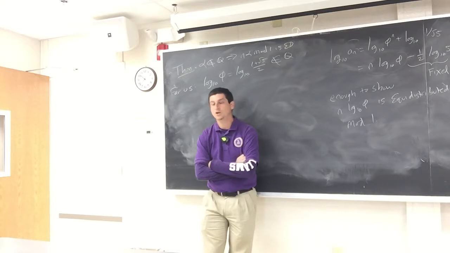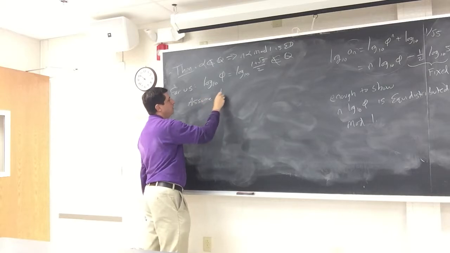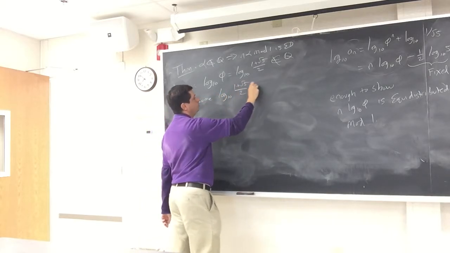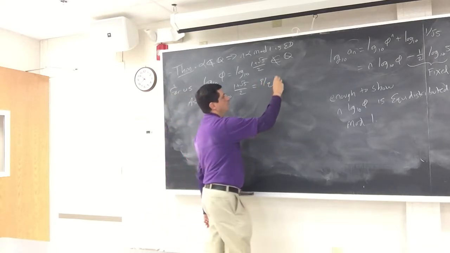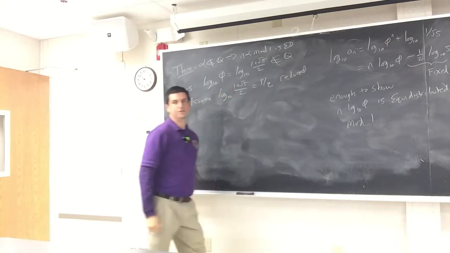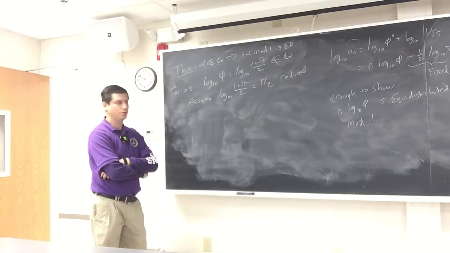We can assume it's rational. So let's assume it's rational. Assume the log base 10 of (1 plus root 5) over 2 is p over q. And we might as well assume that the fraction is in reduced terms. So what does it mean if the log base 10 of this is equal to p over q?